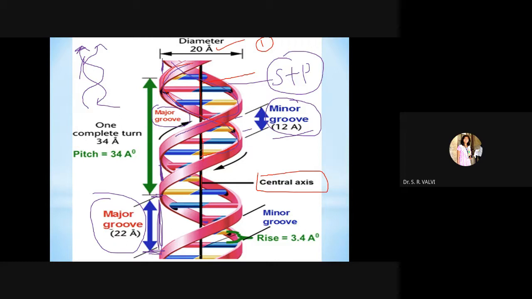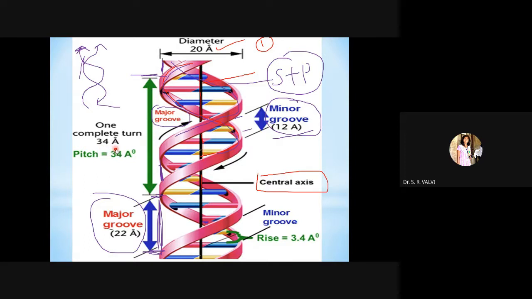So here you can see the complete turn. It is shown in the green color. See this arrow, right? Let me take the laser pointer again. Here you can see this is the complete turn in which the DNA has its major groove as well as its minor groove. And the complete one turn is 34 angstrom, right?